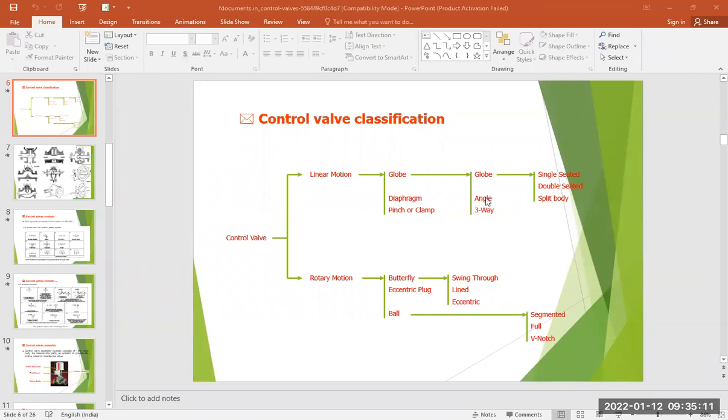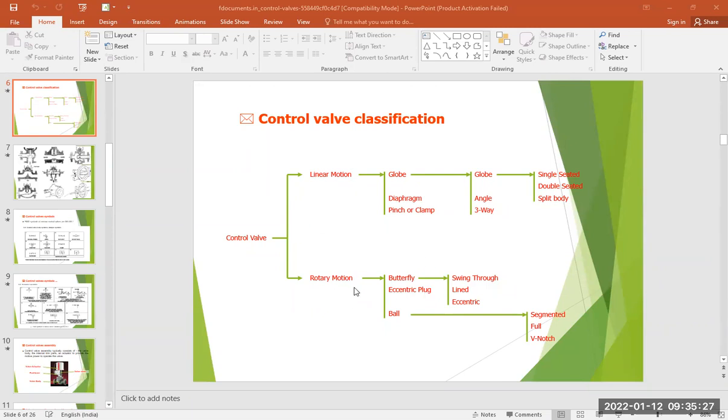The globe valve is also classified into single-seated, double-seated, and split body. So these are the total classifications in the linear motion control valve.